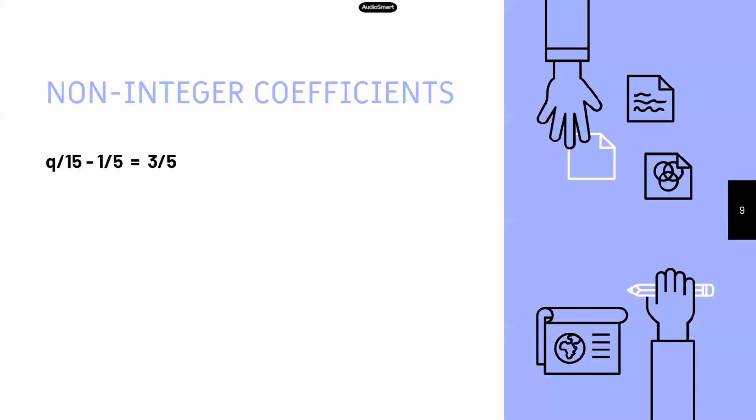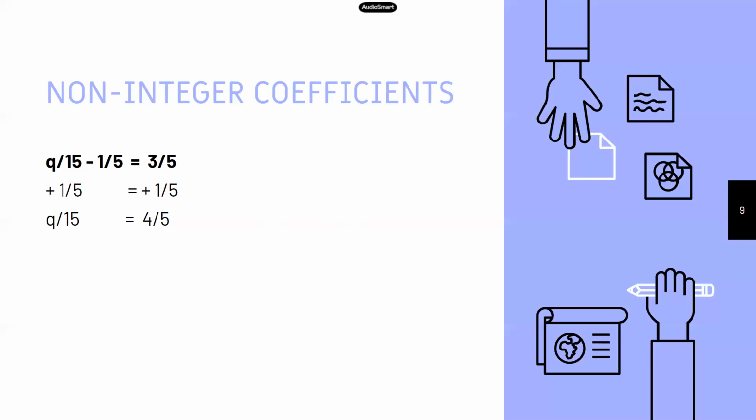Alright, so the very first thing that we need to do here is that we can add 1/5 to both sides of the equation in order to get this problem to look a lot like the one-step problems that we're used to. So we add 1/5 to both sides, and once we have done that, we get just q divided by 15 on the left-hand side, and on the right-hand side, we're left with 4/5, sorry.